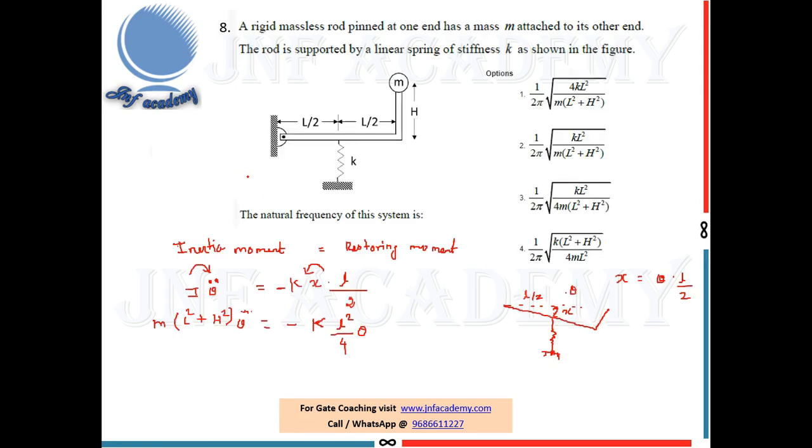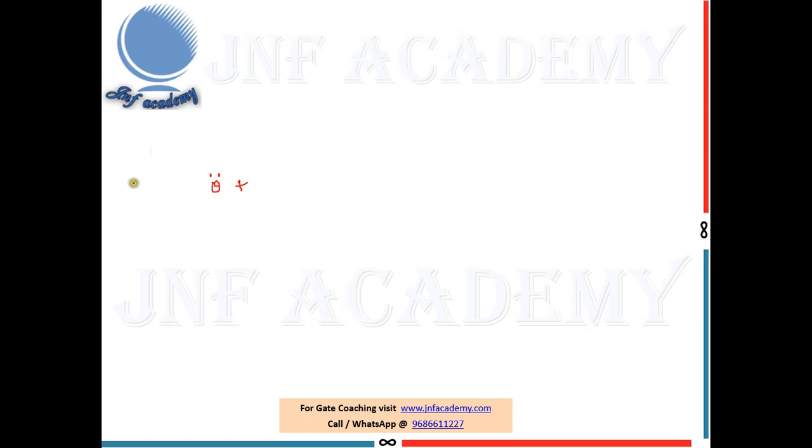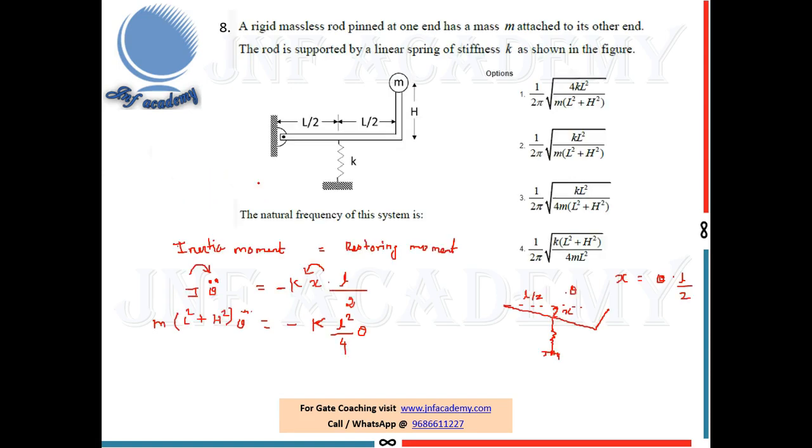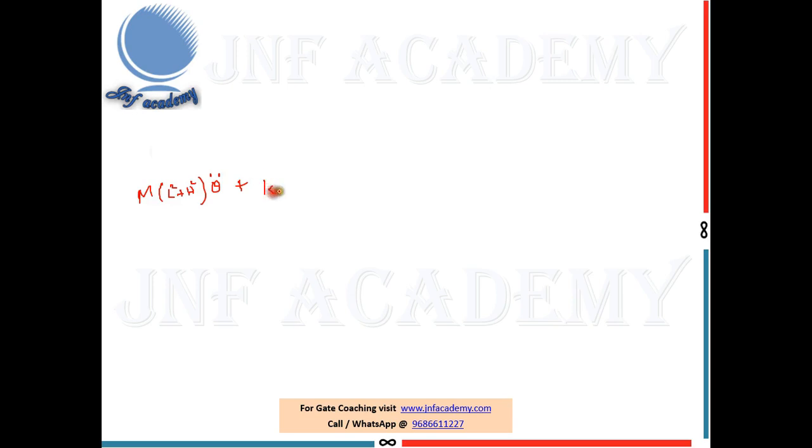Now we can write like this: theta double dot plus K L square by 4 whole divided by m into L square plus h square, times theta.